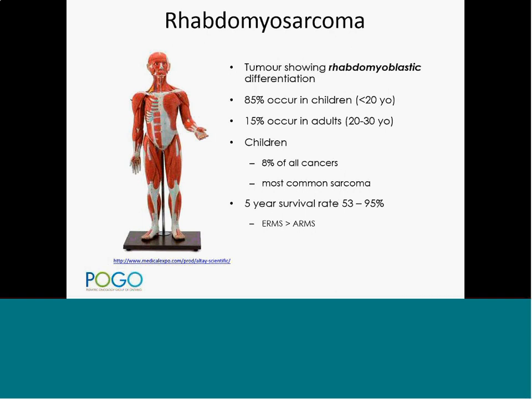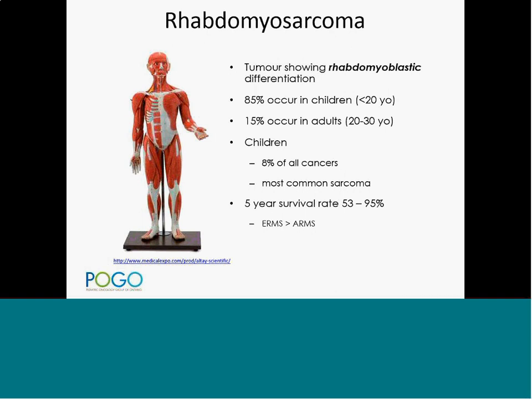The majority, 8 or 9 out of 10, will occur in children, and the other 15% or so occur in adults. And generally, the adult rhabdomyosarcomas occur in the young adult decade. It's one of those tumours that crosses the pediatric, adolescent, and young adult spectrum.